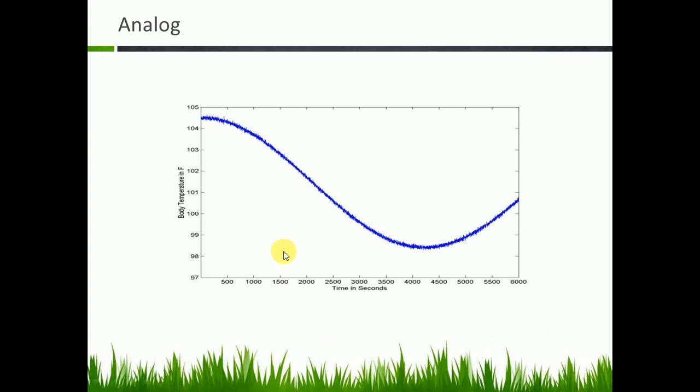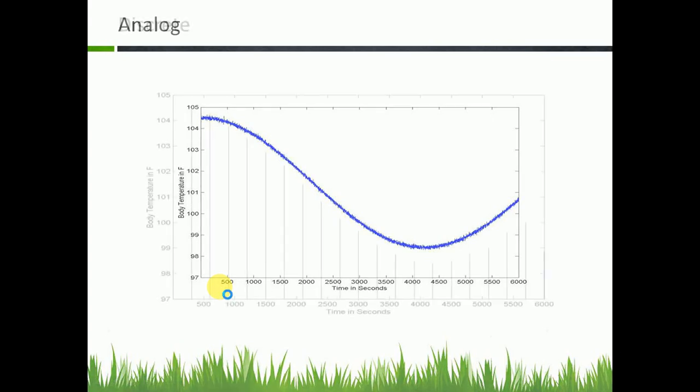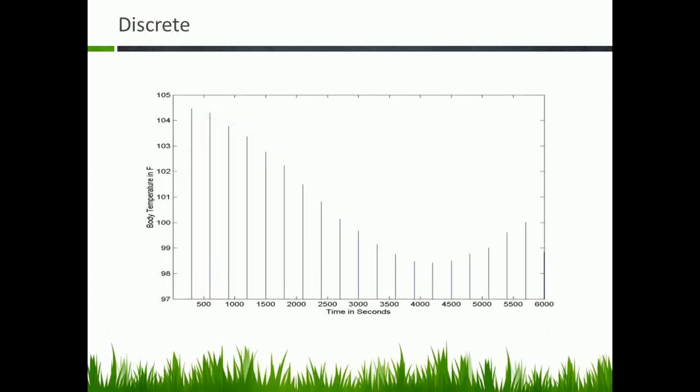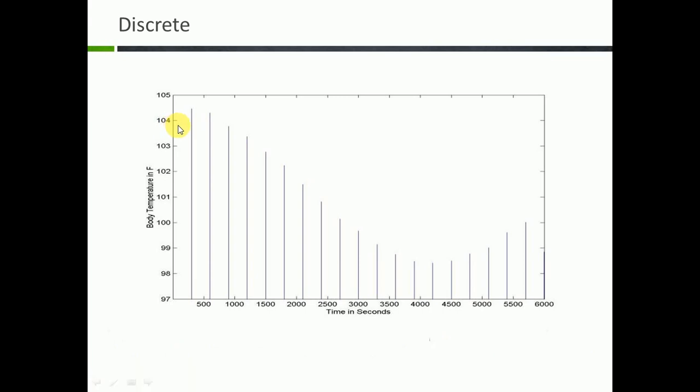Now, at the same time, if we want to take samples of this particular signal at, let's say, every 300 second interval, if we sample this particular analog signal, we get what we refer to as a discrete signal. Now, in this discrete signal, the envelope of this signal follows exactly the one we've seen here.